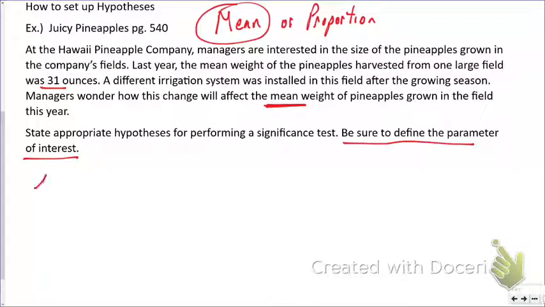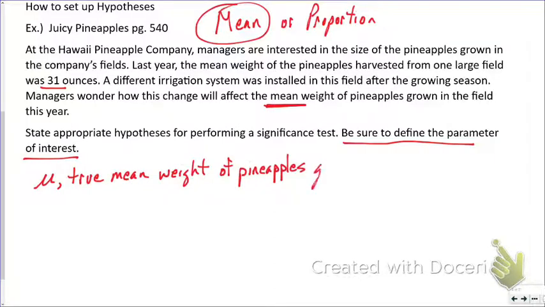So I lead off describing my parameter: true mean weight of pineapples grown in a field in Hawaii. And then start your hypotheses.